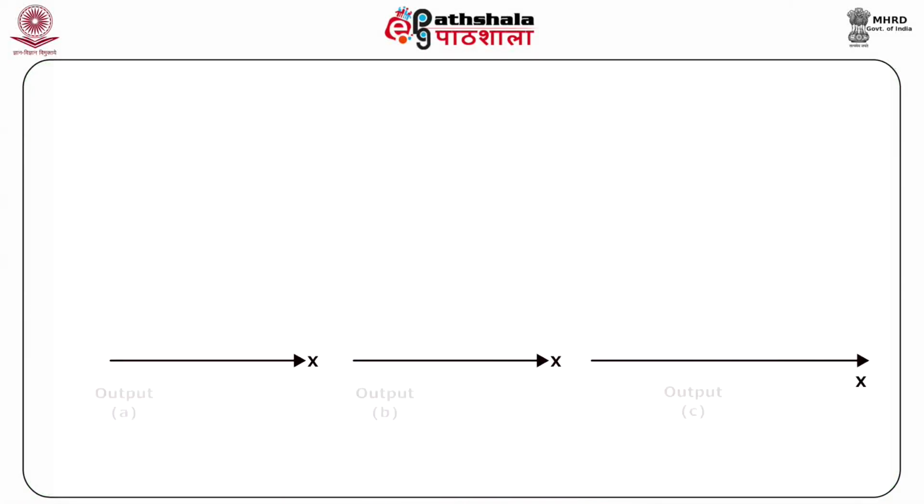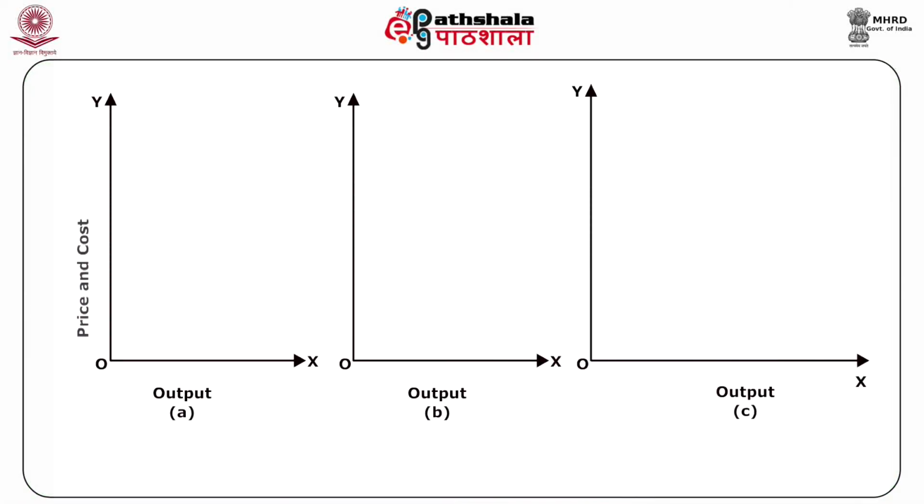Figure 1 shows how the cartel works in determining price and output in order to maximize joint profits of the oligopolistic firms. Let us assume that there are two firms, firm A and B, who have formed a cartel by entering into an agreement.